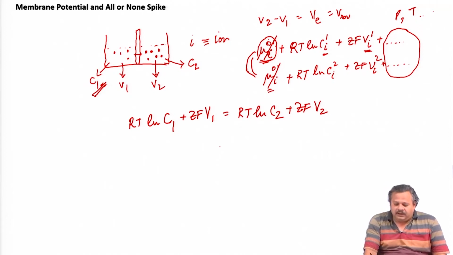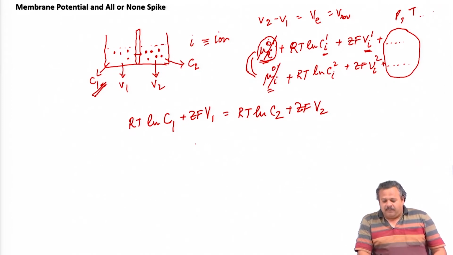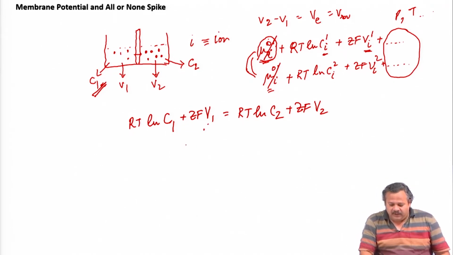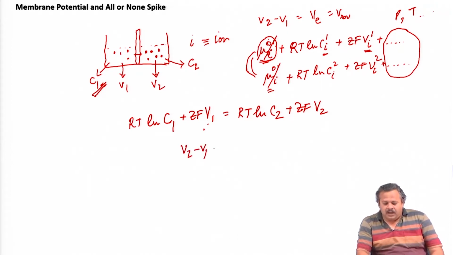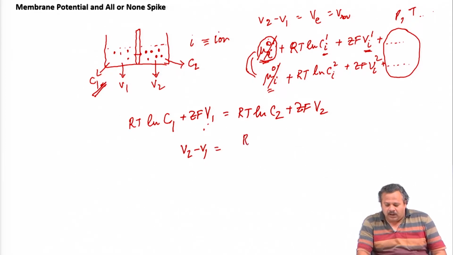So now if we move the ZFV to the other side, we will have V2 minus V1 is equal to RT by ZF log of C1 by C2.